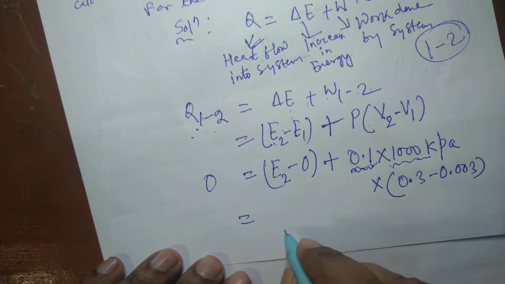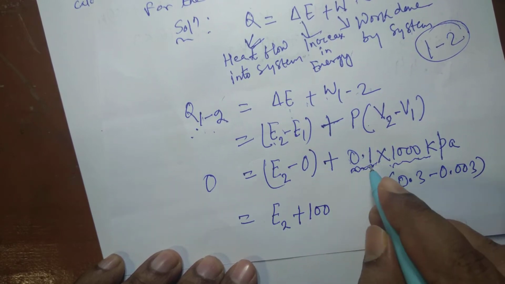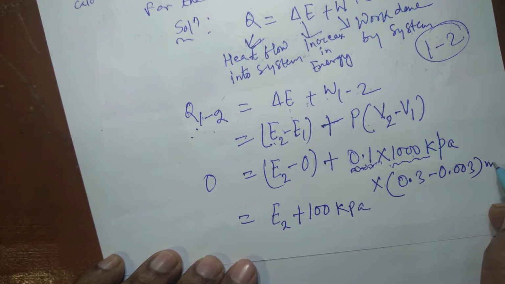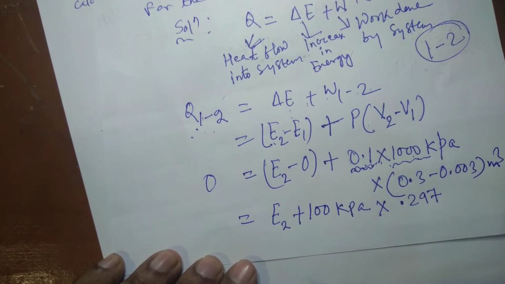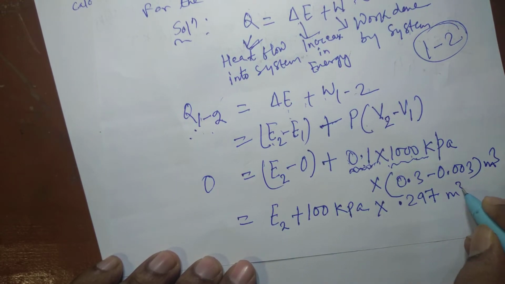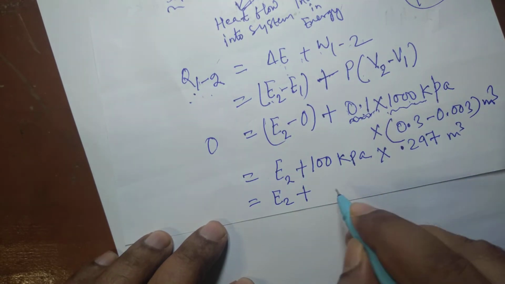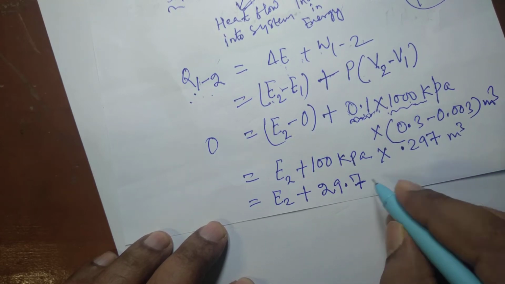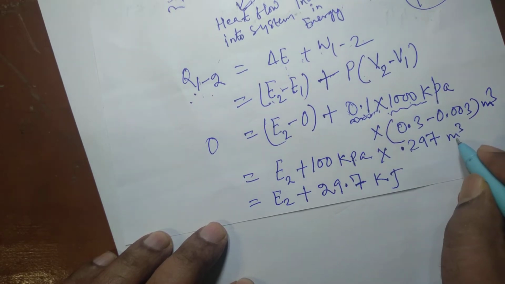That is equal to E2 plus 100 kilopascal into 0.297 meter cube. That is equal to E2 plus 29.7 kilojoule, since kilopascal multiplied by meter cube is kilojoule.